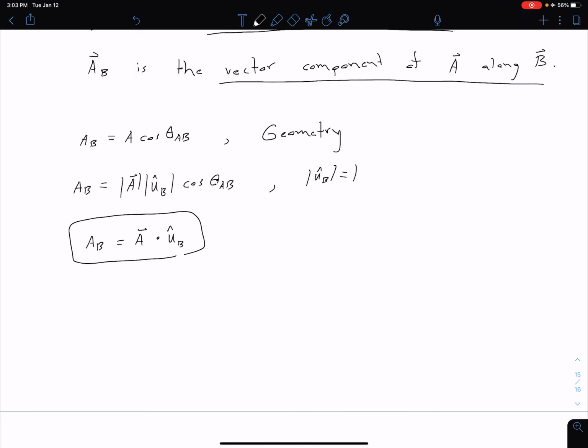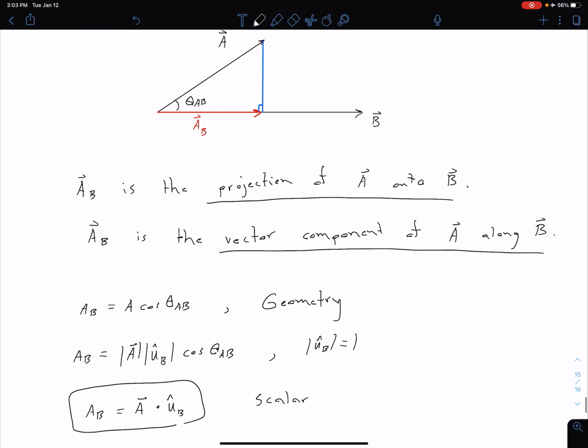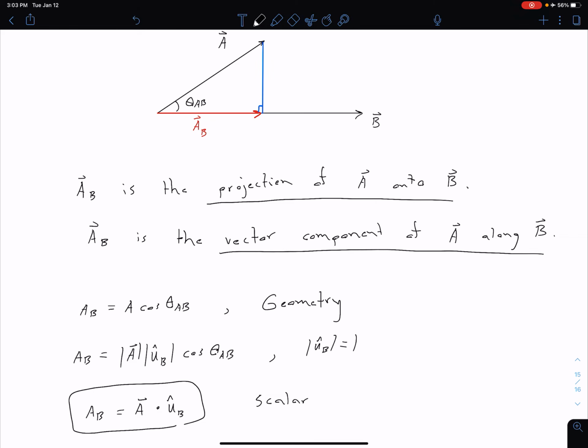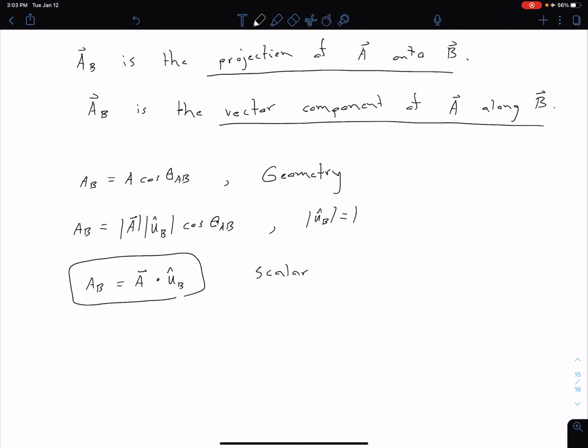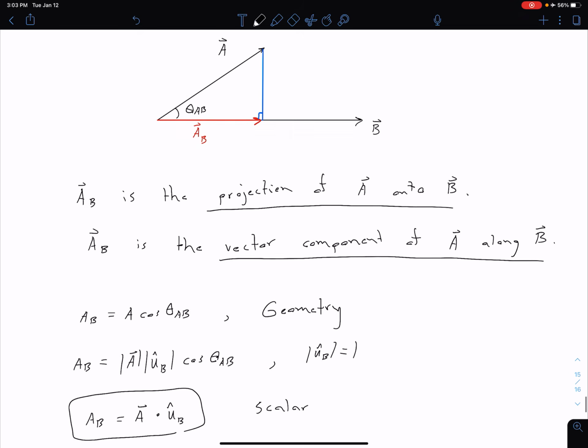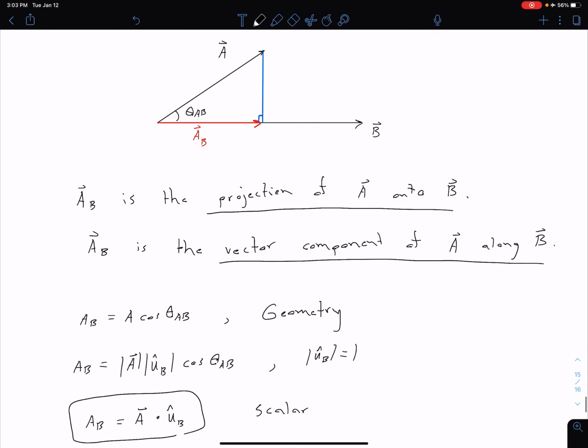This is a scalar quantity though, right? This is the magnitude of this red line, the magnitude of this A sub B here. So if we want to find the vector component, all we have to do is multiply that by the direction that it's in, which is our B direction.